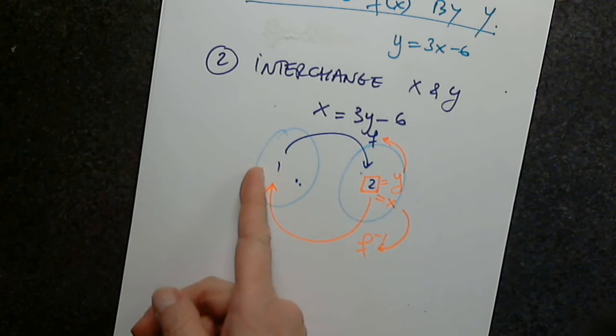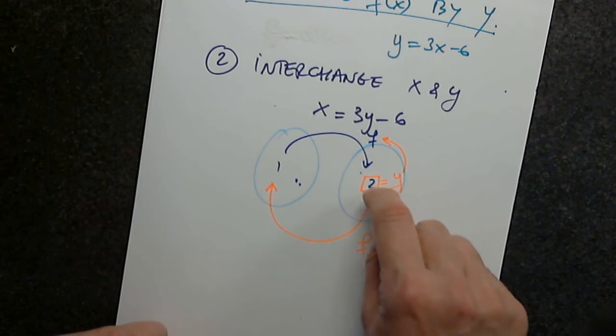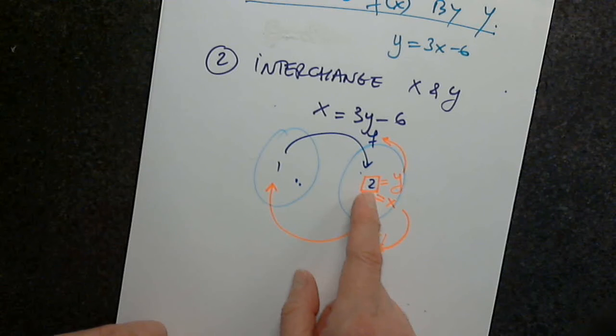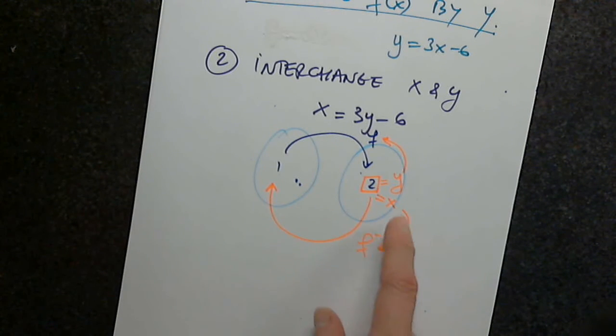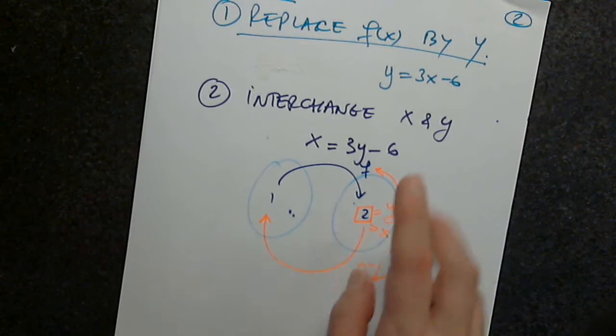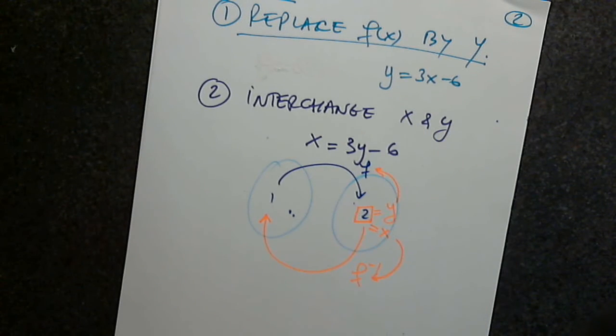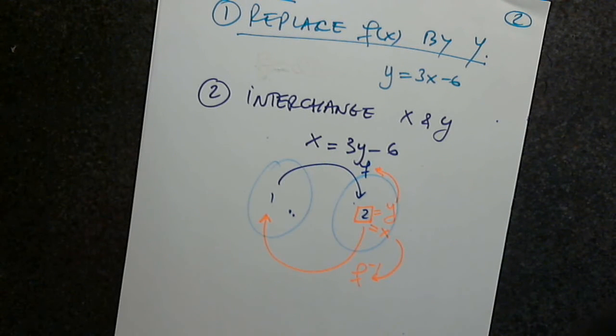So I apply f to x equals 1, and I get y equals 2. But now this number 2 becomes the x value, part of the domain of the inverse function. So now I apply the inverse function to this x, which happens to be 2. That's the reason why, just this one time, I'm allowed to swap x and y.